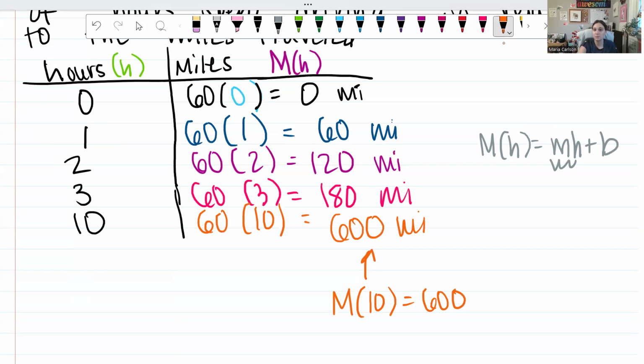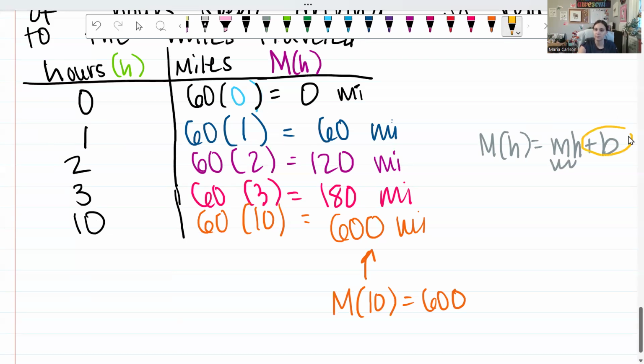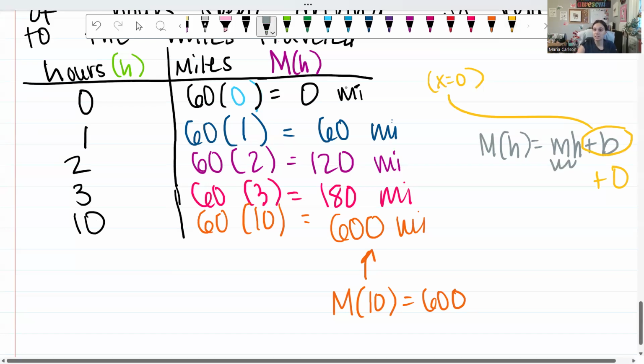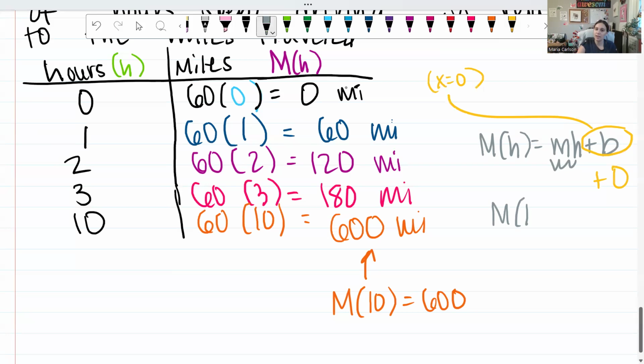Now our y-intercept, where we begin here, M of 0, or when we've driven 0 hours, we have gone 0 miles. So that's just essentially plus 0. So the equation for this is so easy. M of H is equal to 60 times H.